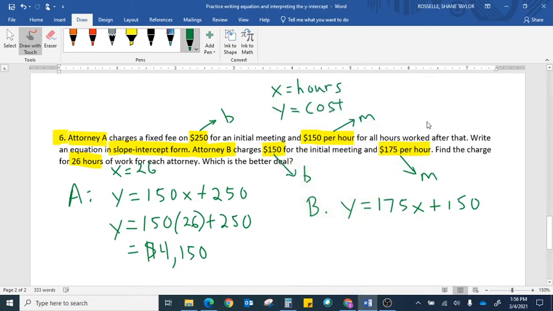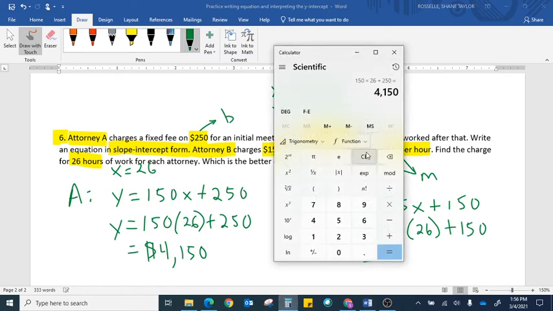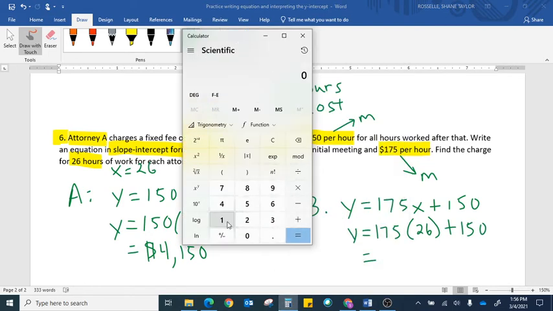So let's plug it in over here. Y equals 175 times 26 plus 150. I plug it into my calculator, clear this one out. This time I'm going to multiply 175 times 26 and then add to that $150.